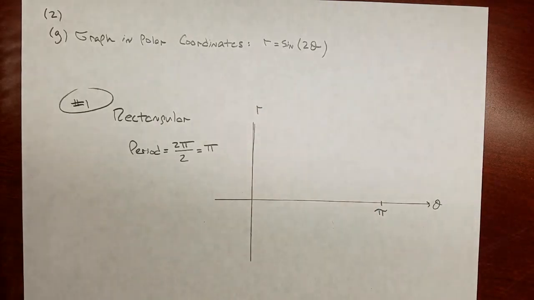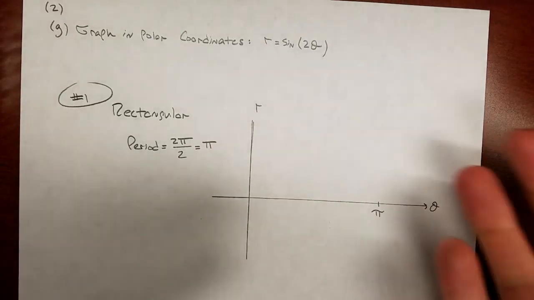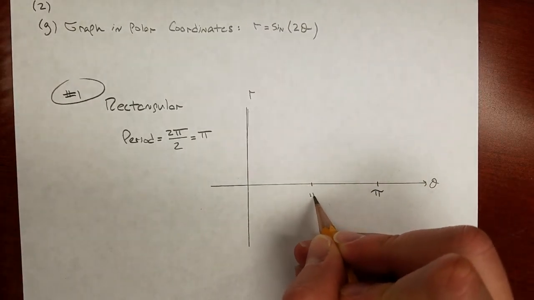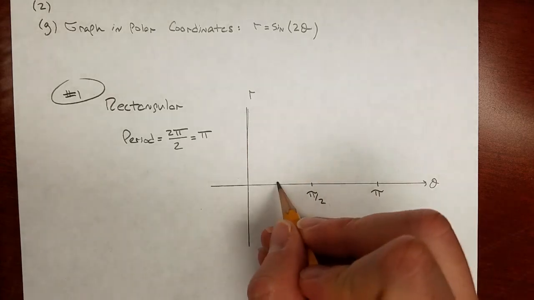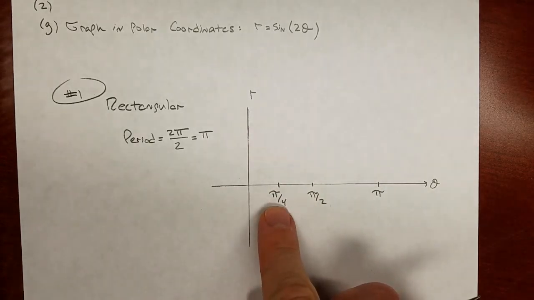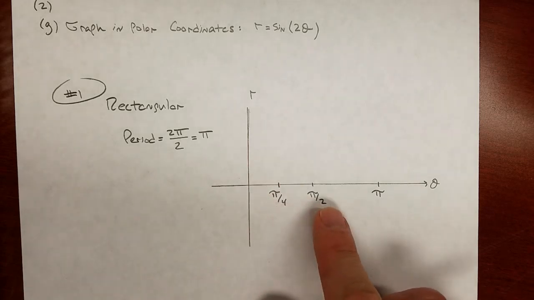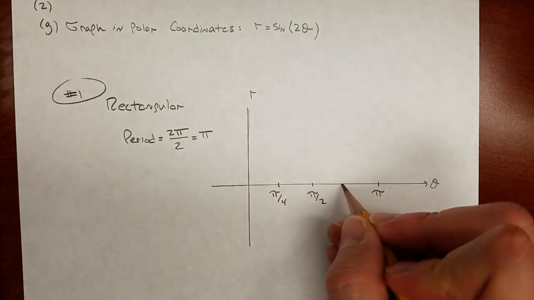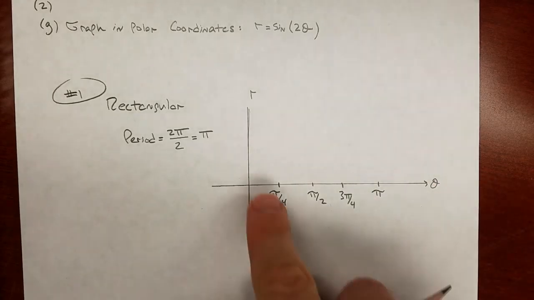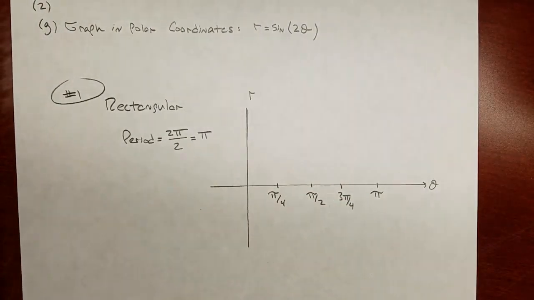Divide this into fourths, and you know where to position your points. So pi, and I'll divide that in half: pi over 2. I'll divide that in half: pi over 4. And I'll count by pi over 4: 1 pi over 4, 2 pi over 4, 3 pi over 4, 4 pi over 4. So that tells me where my 1s and 0s are going to be.